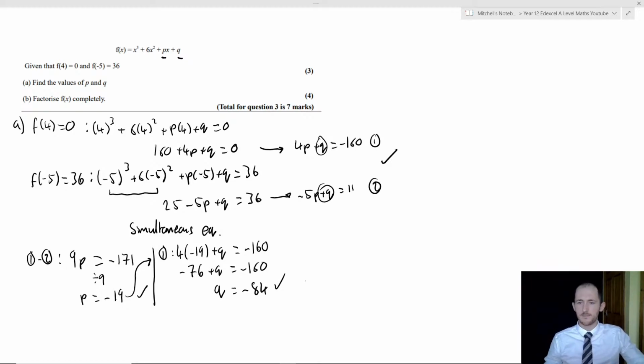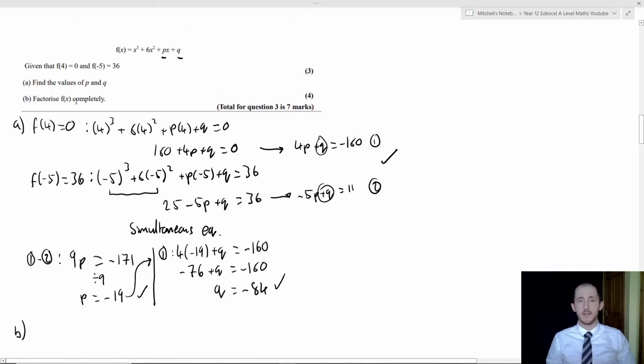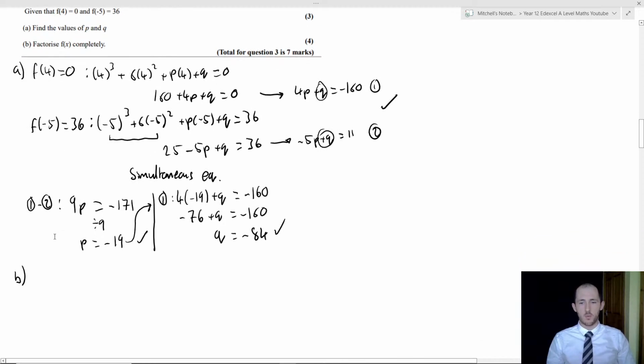Perfect. So now we can go into part B. Factorize it completely. Well, again, what you should know is it's a cubic, so we need to use algebraic division. So we're going to use the fact that f of 4 is 0. So what we're going to divide by is x minus 4.